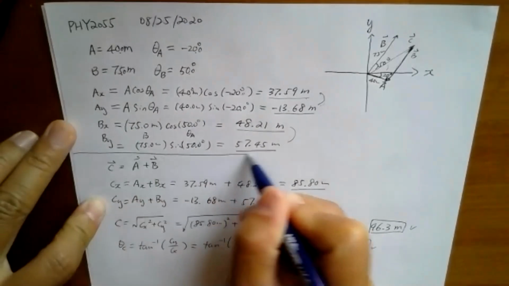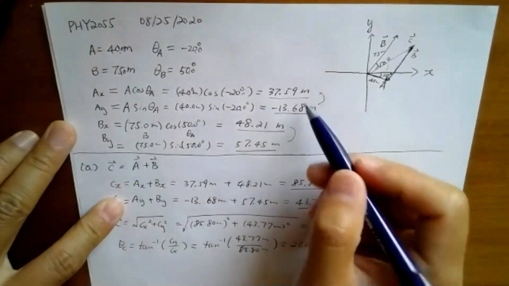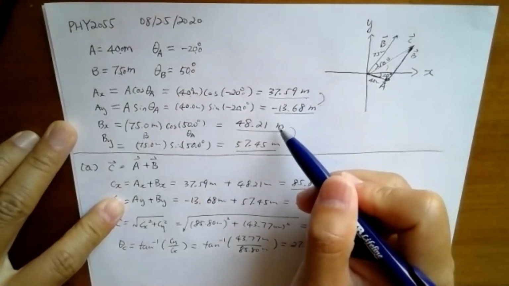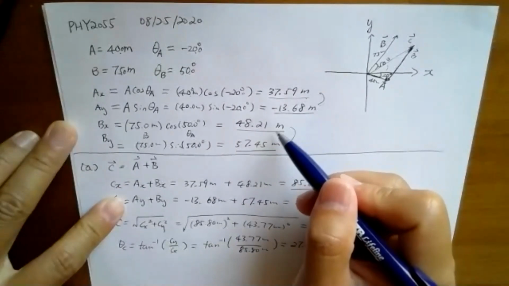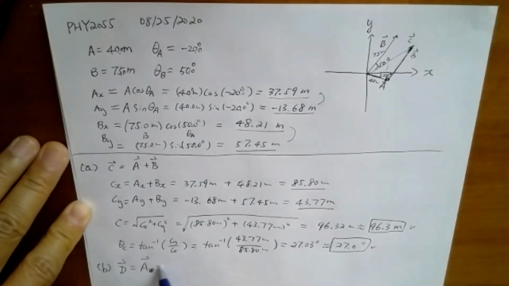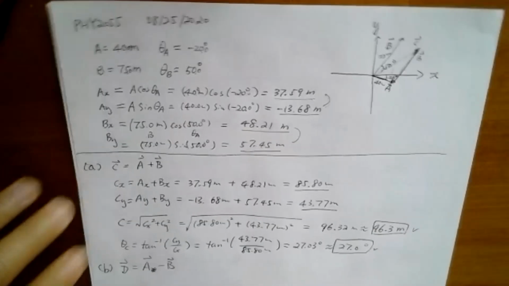Whatever I have over here, you can still use the components, okay? For part B, you don't have to recalculate the components for A vector and B vector. And then for part B, you are looking for D vector equal to A vector minus B vector, okay? So you'll be doing pretty much the same thing, change the positive sign to negative sign, okay? And doing the calculation here.